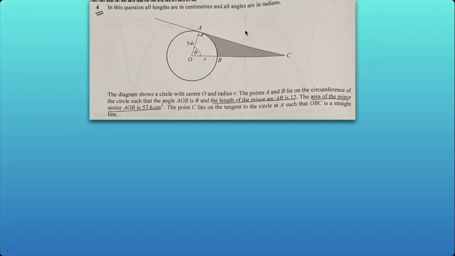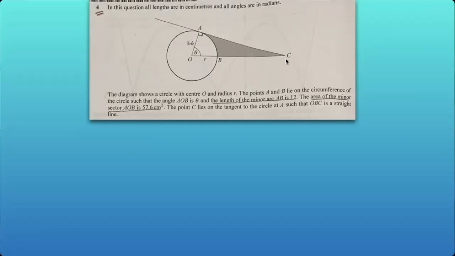The diagram shows a circle with center O and radius R. The points A and B lie on the circumference of the circle such that the angle AOB is theta, and the length of the minor arc AB, this one here, is 12. The area of the minor sector AOB, this one here, is 57.6 centimeters square.